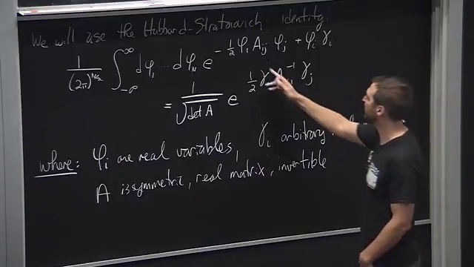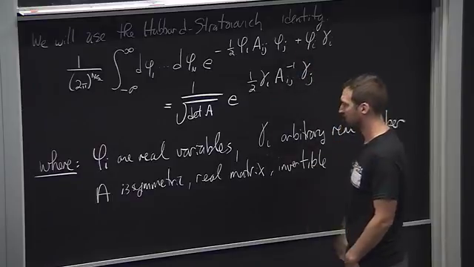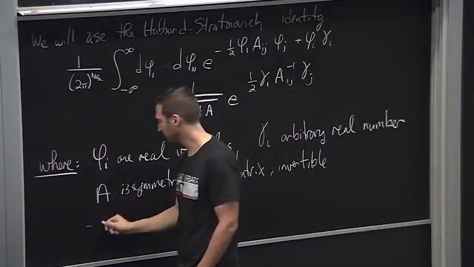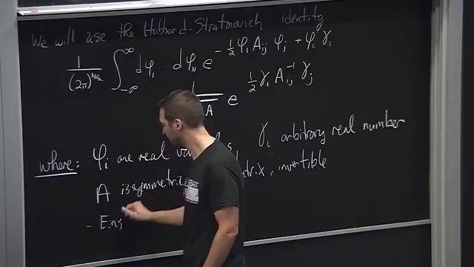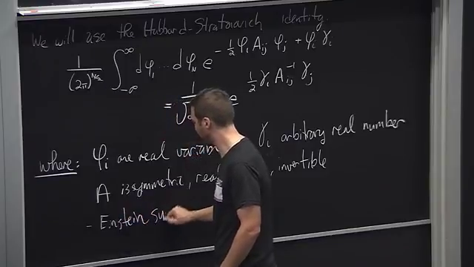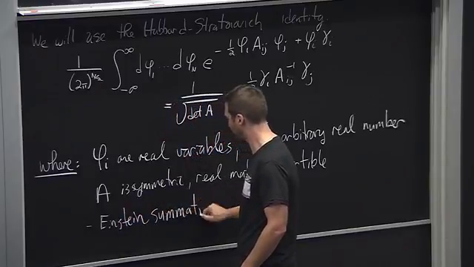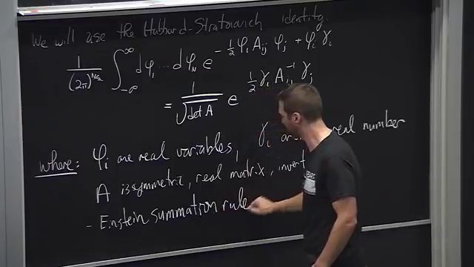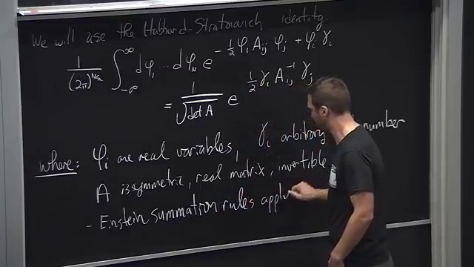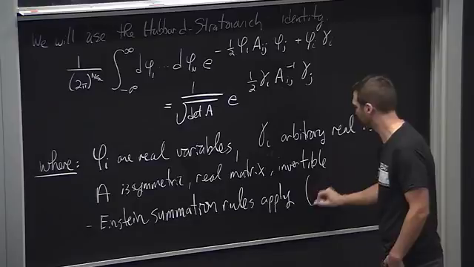Oh, and I have all these repeated indices here, which are actually Einstein summed. Sum over repeated indices.